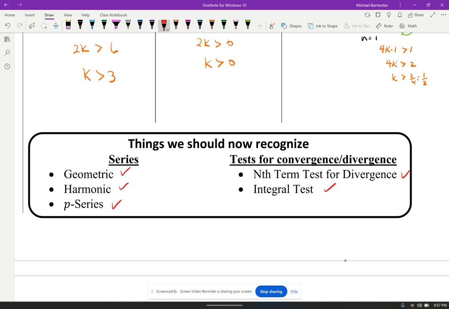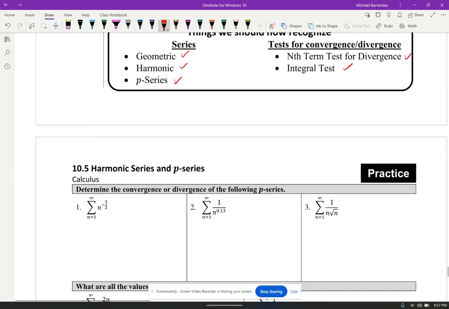These are specific patterns you're looking for. These are tests that we can perform on any infinite series and determine divergence for the nth term test or convergence and divergence for the integral test. This is what we're going to be focused on here in the next couple of days.